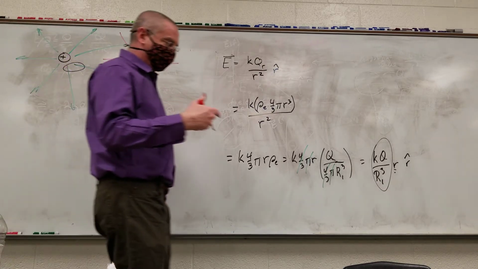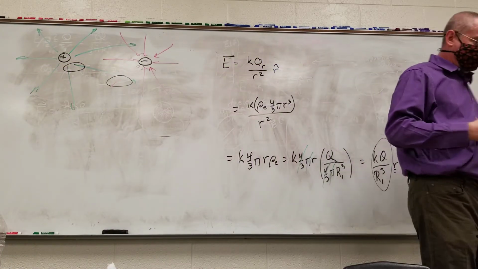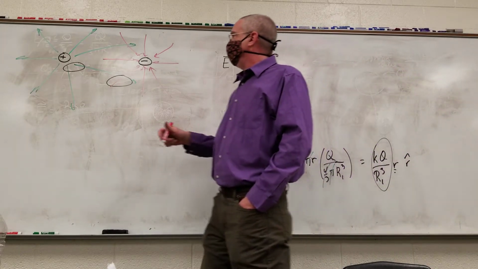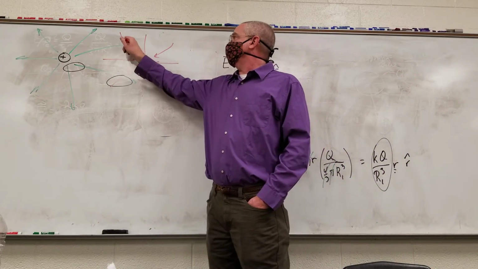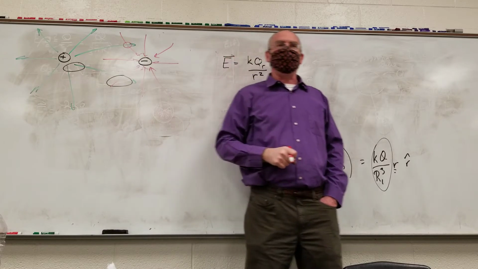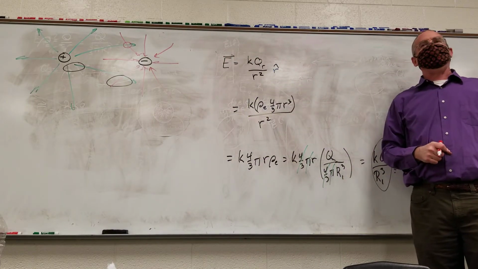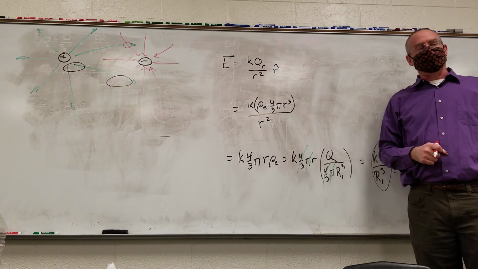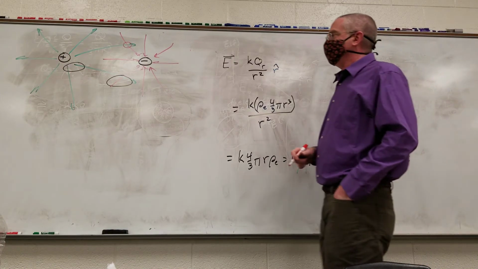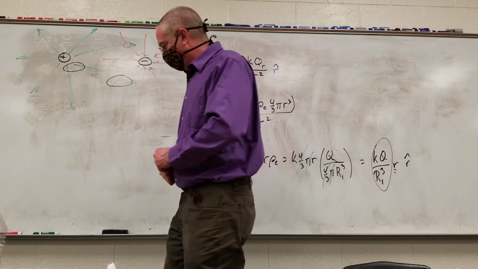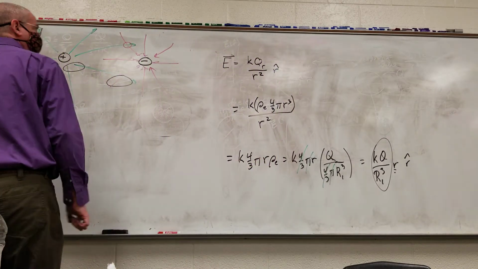So the total electric field, if I wanted to draw the electric field of the whole thing, well, let's take this point right here. I basically have two electric fields that are overlapping. And so I add them. And don't forget, they are vectors. So let's go through an example. This will also help on a lab that you're doing in probably next week.